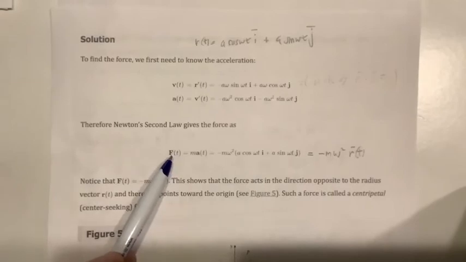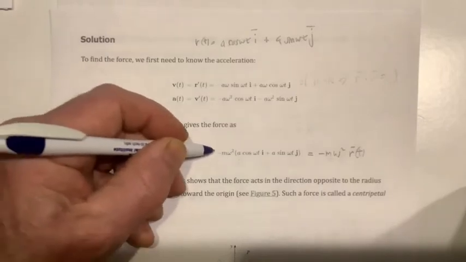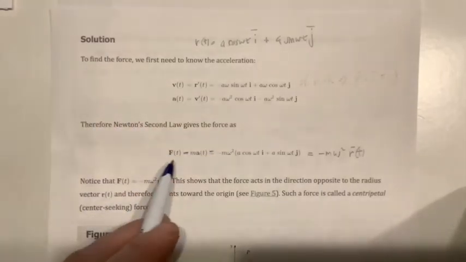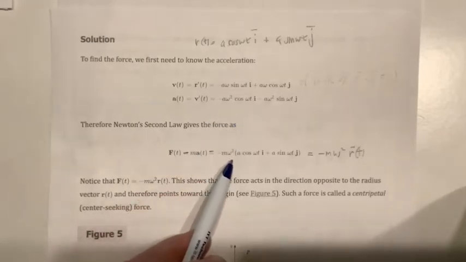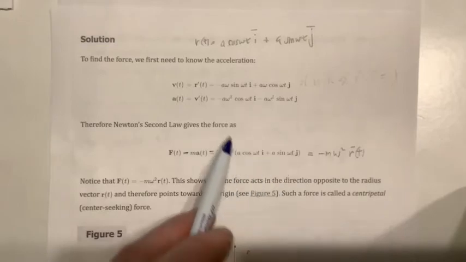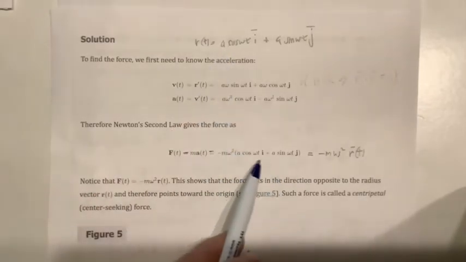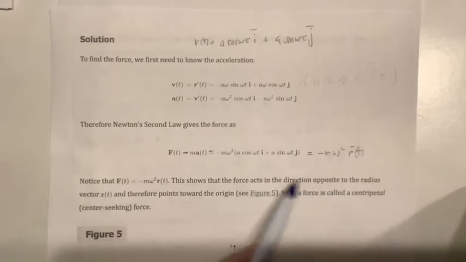So what is the force? Force would be equal to ma. That's an equal sign. Anyway, so it would be m times this. And what you notice is if you factor this out, this right here is r inside the parentheses. So you get negative m omega squared times r.